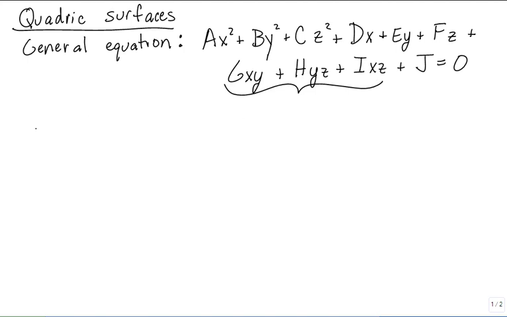So we're going to try to graph y squared minus x squared equals 16.